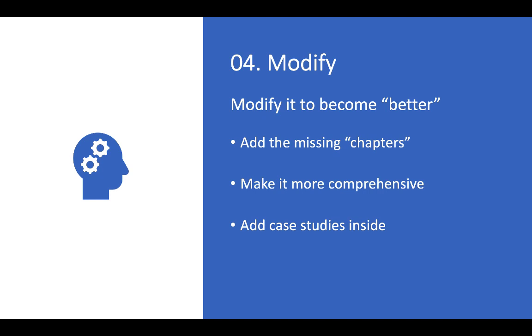You can also modify it to add case studies inside the book, like how you are using funnel, how other people are using funnel, how your own customers are using funnels, how your friends are using funnels. Just think what kind of case studies you can add inside this product so that it becomes a better version.